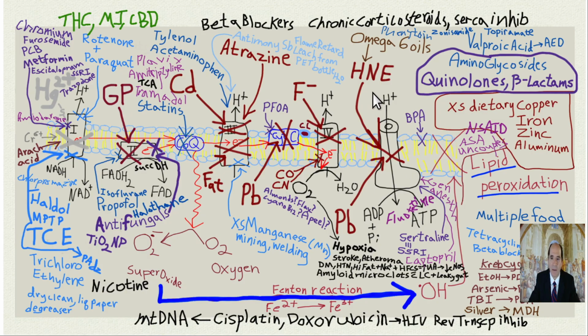Further down the path, you get omega-6 oils leading to hydroxynonenal inhibiting ATP synthase. Okay, statins are right in this spot, inhibiting coenzyme Q. Not good. Same with Plavix and amitriptyline, the antidepressant. Not good. Antifungals are inhibiting complex 2. That's a freaking disaster. That's processed food. What I'm trying to tell you is, if you understand what I'm saying here, processed food is a disaster.